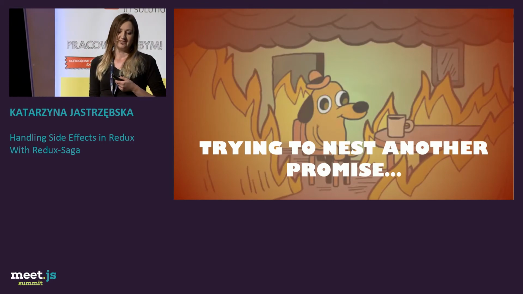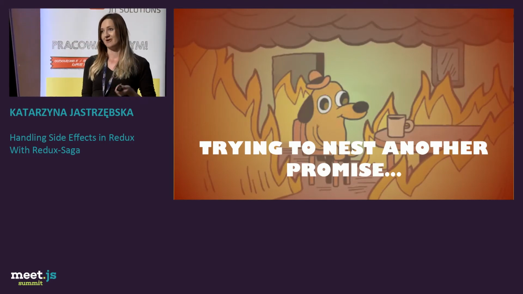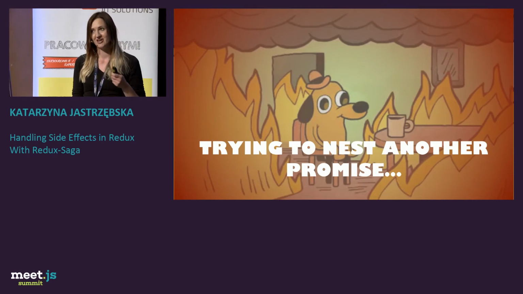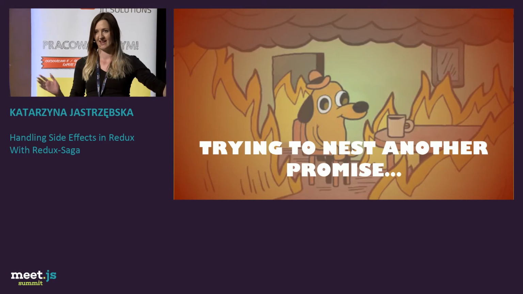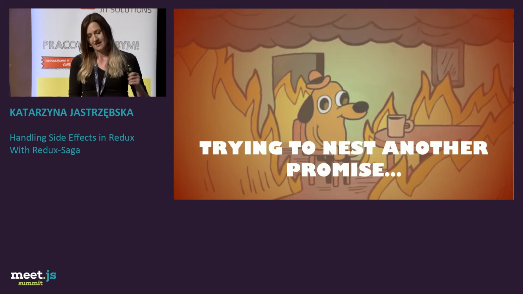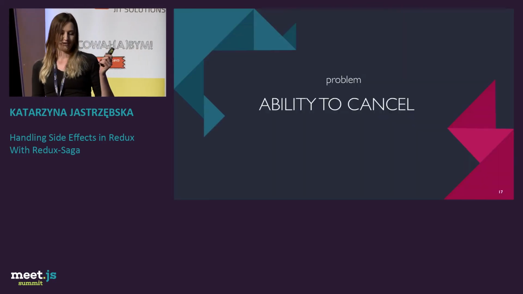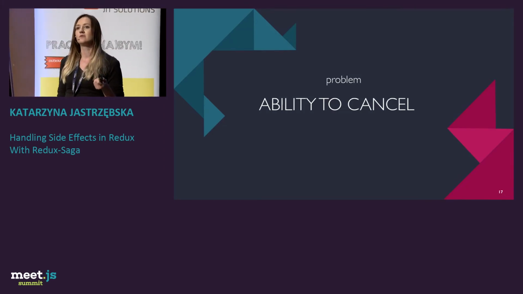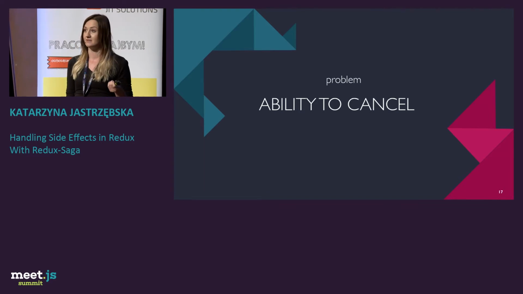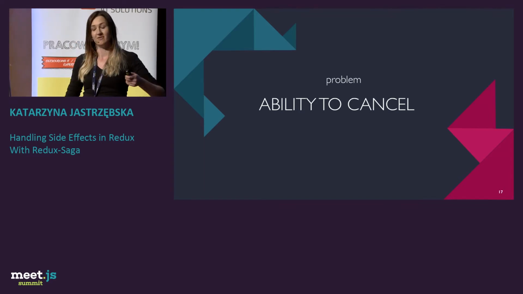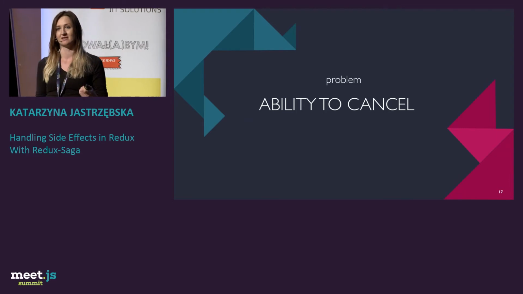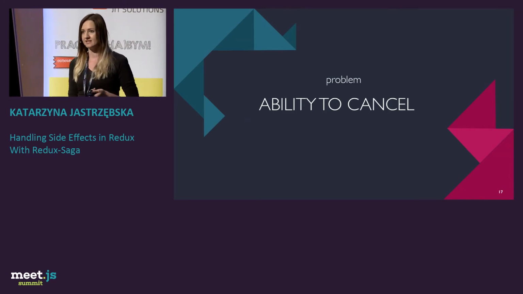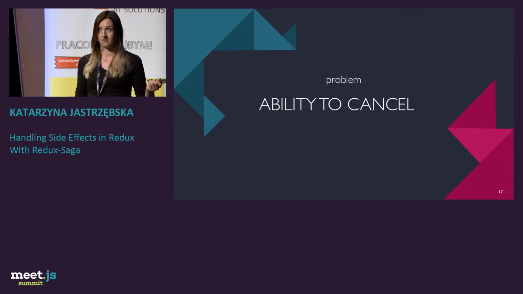Well, try to nest another promise in a promise. And what's more, try to catch errors for every promise in like 3 nested promises. So again, another thing, of course, is the ability to cancel. Is it possible to cancel a promise? No, exactly. It's impossible. Once a promise goes, it just executes to completion, like the whole of JavaScript, of course.